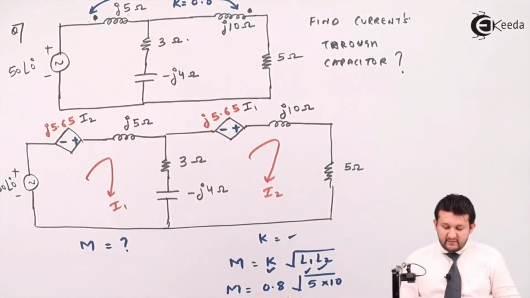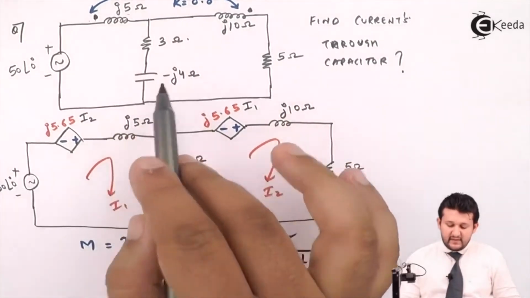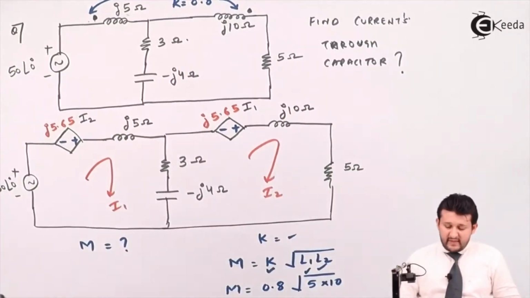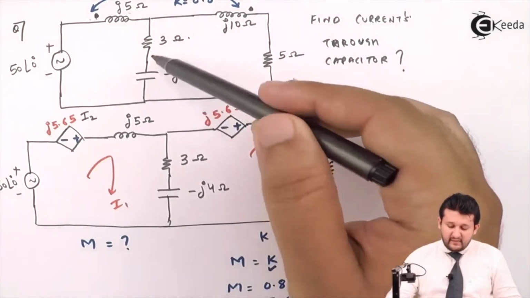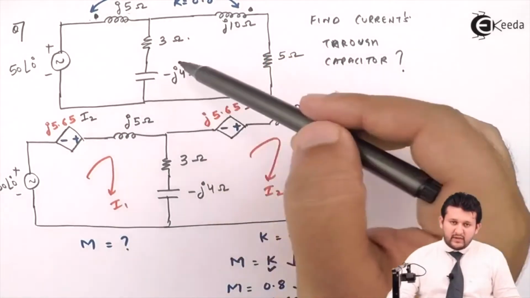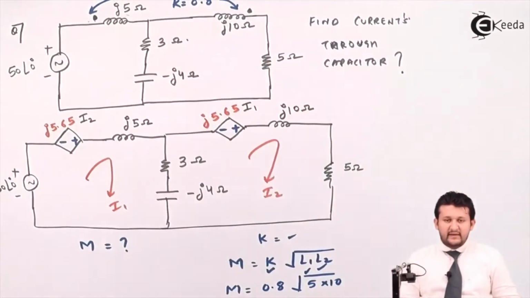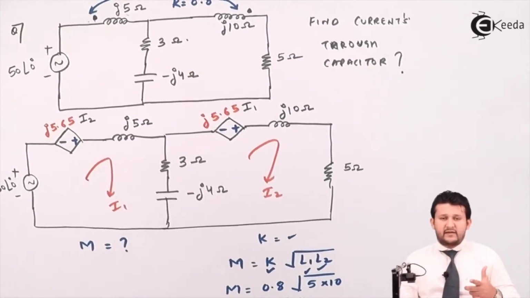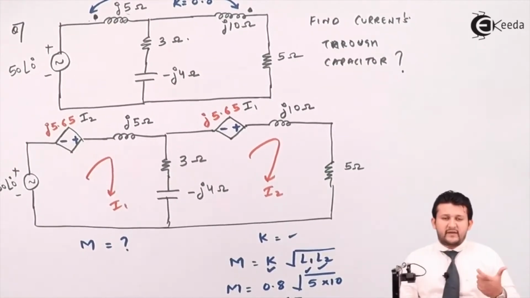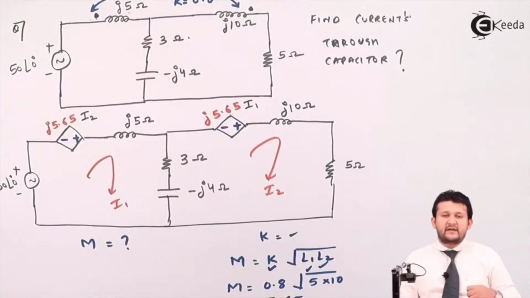When I say find the current through the capacitor, that means my capacitor is minus J4. So my capacitor is lying in between, that means both the currents are flowing. So at the end I need to find I1 as well as I2. Unless and until I find I1, I2, I won't be getting the current across the capacitor.